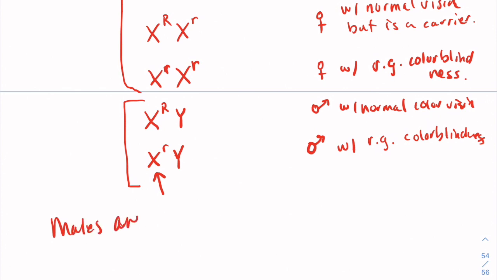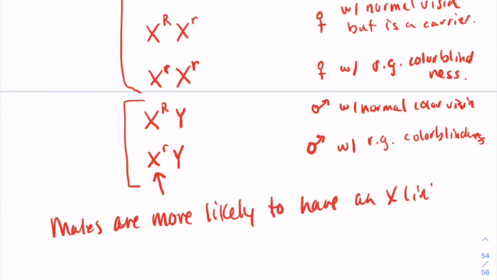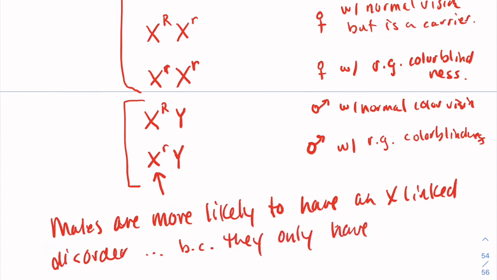Males are more likely to have an X-linked disorder, and that's because they only have 1 X chromosome.